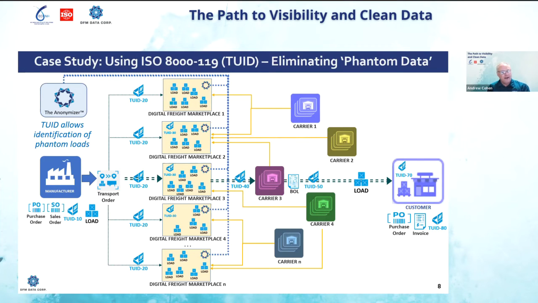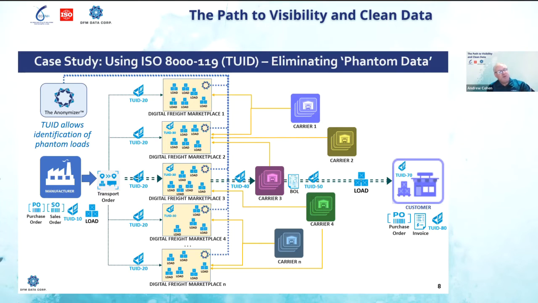So there's a global identification as that load moves through booking to in transit to delivered. And you can see the TUID status has changed as we move through the slide here from 20 to 40 to 50 as the load transits the marketplace.